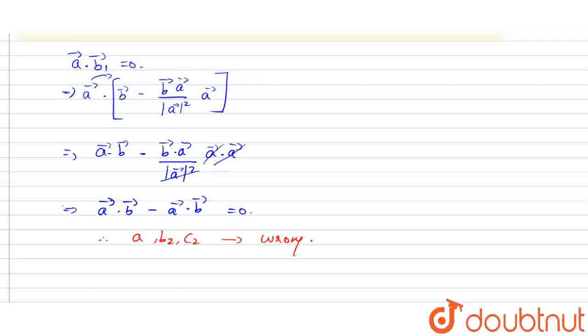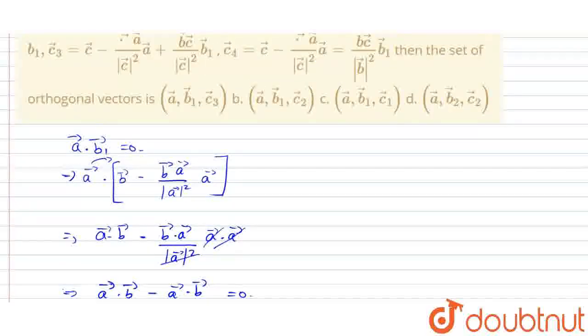Now I'm going to take the second condition here. Now I'm going to take B1 and C2 vector. So B1 vector dot C2 vector. Okay, so I'm going to substitute the value here.